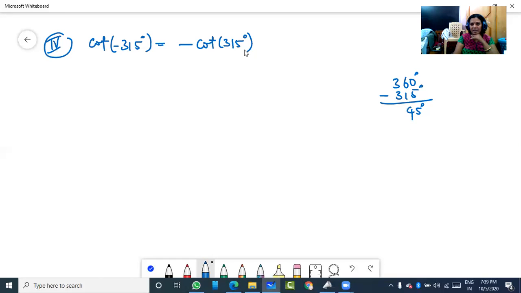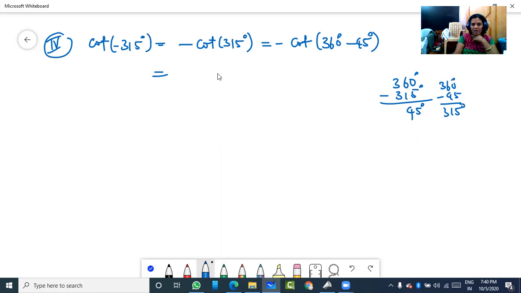So 315 degrees can be written as cot of 360 degrees minus 45 degrees. So this 315 degrees can be written as 360 degrees minus 45 degrees.